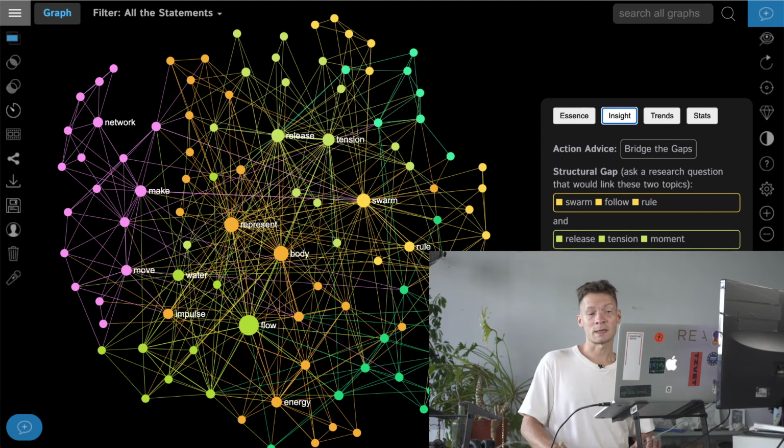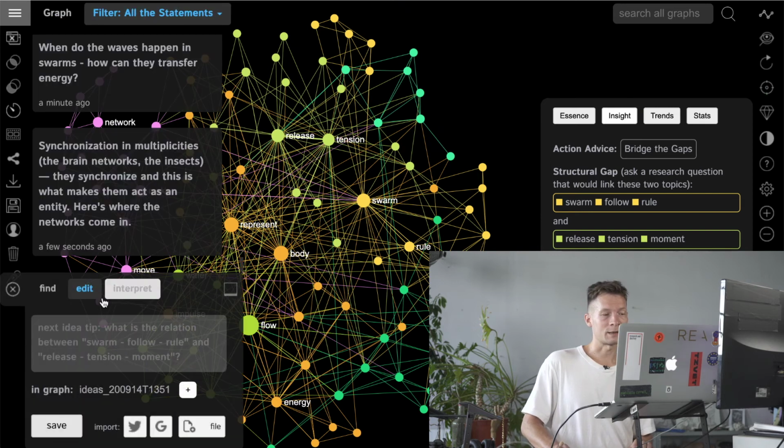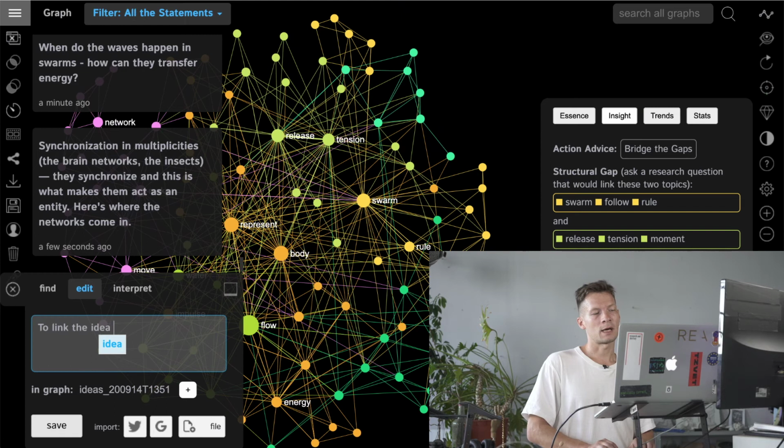And networks is something that I started talking about in the very end, the idea of synchronization of networks. I can even add a new idea and say to link the idea of a liquid entity to the notion of network synchronization.